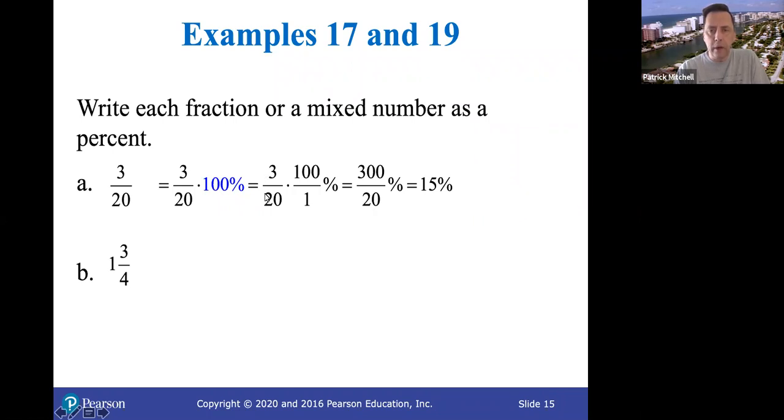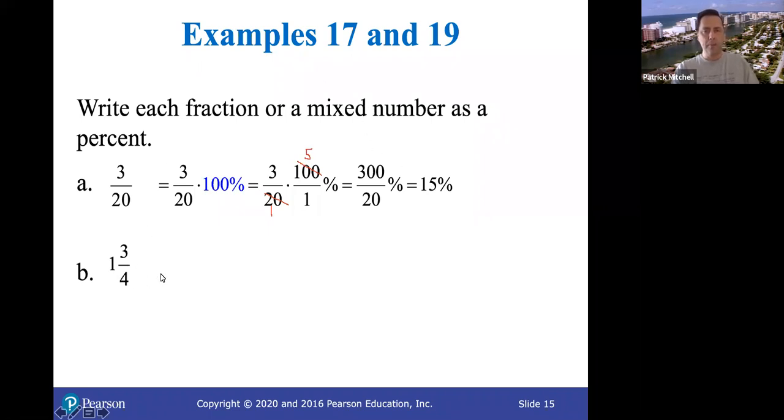The other way you can do it is say these two have a common factor 20. 20 divided by 20 is 1. 100 divided by 20 is 5. And that would get you directly to 15% because 3 times 5 is 15. And 1 times 1 is 1. So 15 over 1.